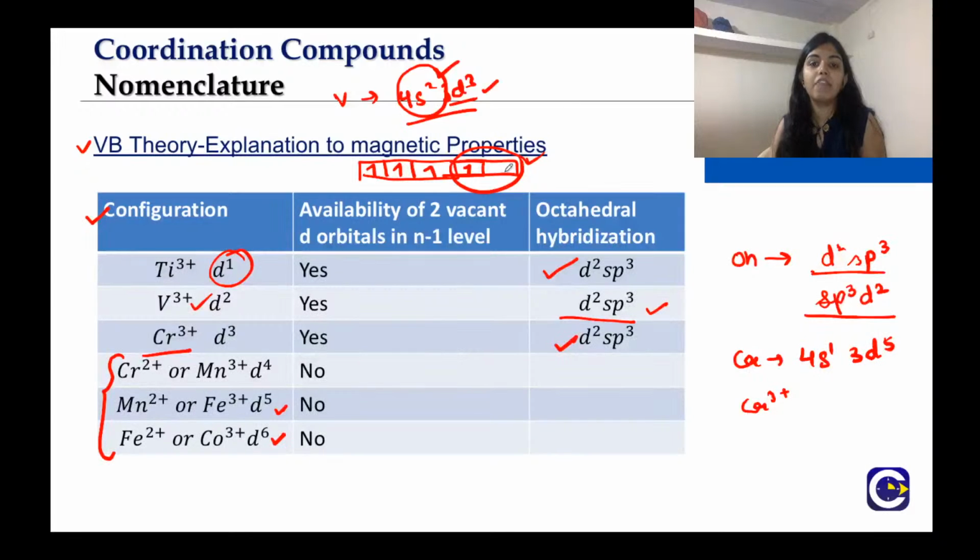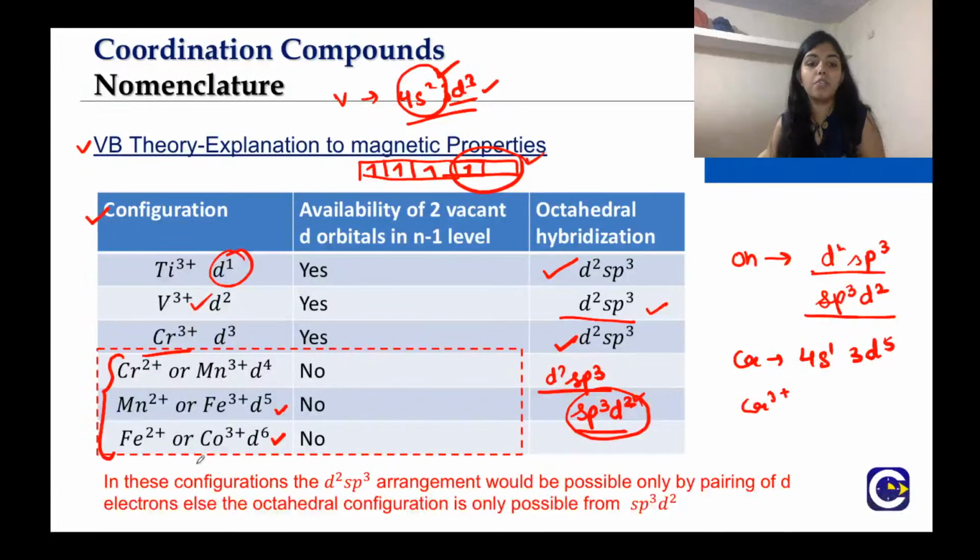So if the ligand will be able to pair up the electrons, then it can have d2sp3 hybridization, and if the ligand will not be able to pair up electrons, that means it is a weak field ligand, then it will show sp3d2 hybridization, that means it will use the outer d orbitals. Okay, this much should be clear to all.